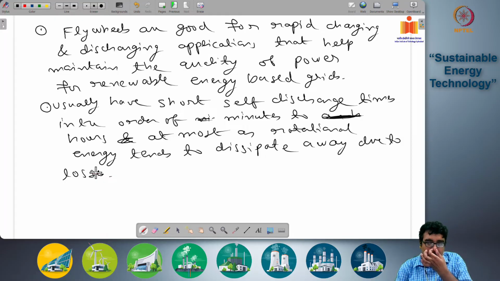Even though you are reducing frictional losses due to drag, etc., by creating vacuum, creating superconducting bearings or contact-free bearings, still there is significant frictional losses, and hence these have short self-discharge times.